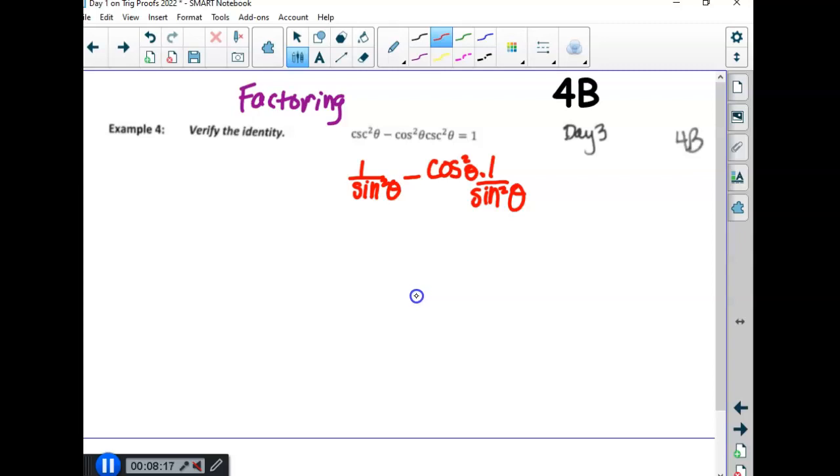What does that become? They already have a common denominator then, right? What do you do when you have a common denominator? You're adding or subtracting? Combine the top, keep the bottom.